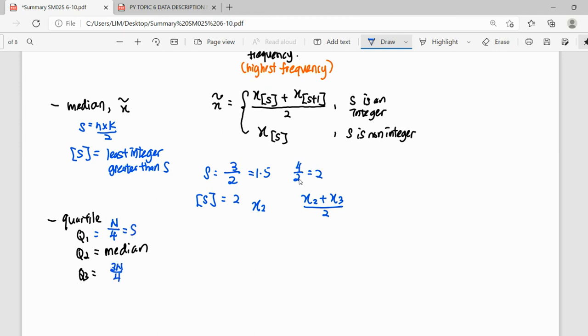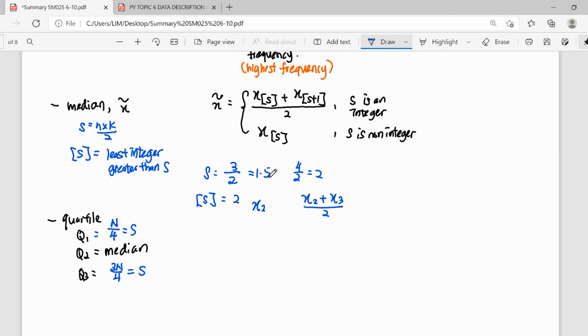So this is your S. Find your location first. When you get your location, then only you can determine which data you're going to calculate to get the median, the first quarter, the second quarter. So for quarter, they're still using the same formula.